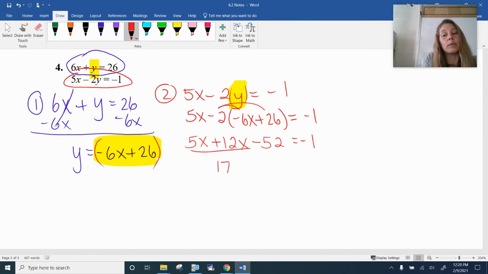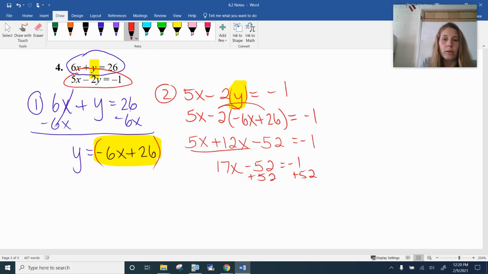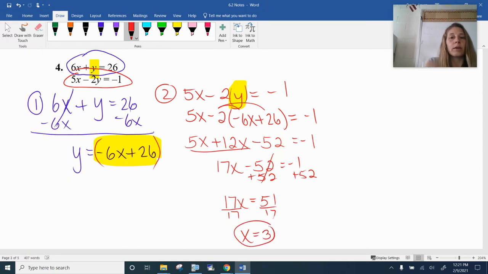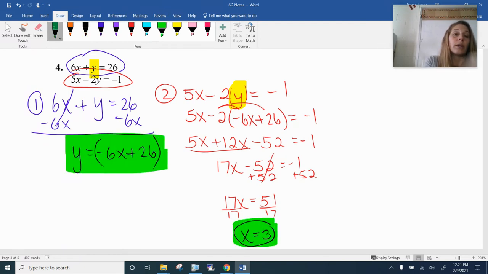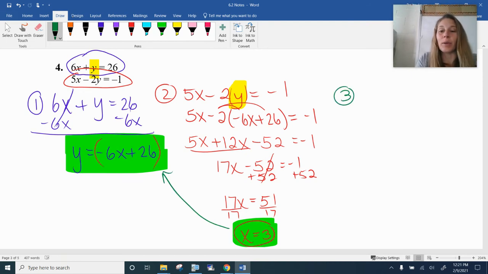Combining your like terms, 17x. Now we're adding the 52. And let's see. 17x equals 51. And then when we divide, we get x equals 3. And then, same as always, you take that answer from step number 2, substitute it into that revised equation from step number 1.